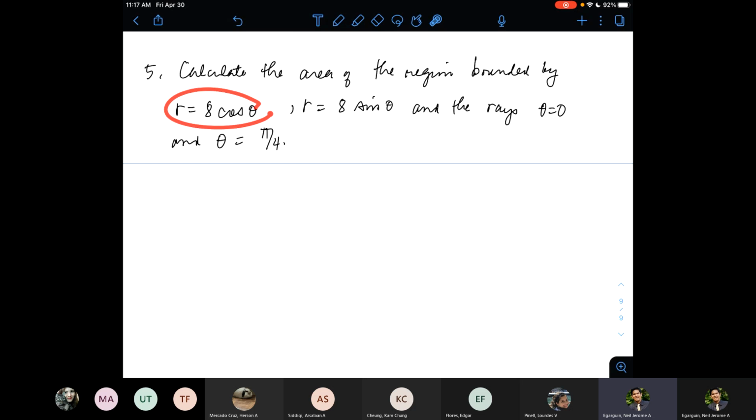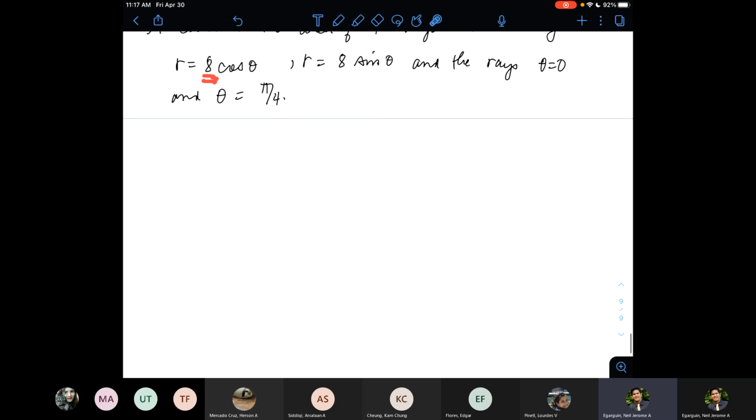So the first function is r equals 8 cosine theta. This is a circle tangent to the pole. And since you have a cosine, this will primarily be along the x-axis. Since the coefficient is positive 8, it would be a circle tangent to the pole, lying primarily on the positive x-axis with diameter 8, right? I know that r equals a sine theta or a cosine theta are circles tangent to the pole.